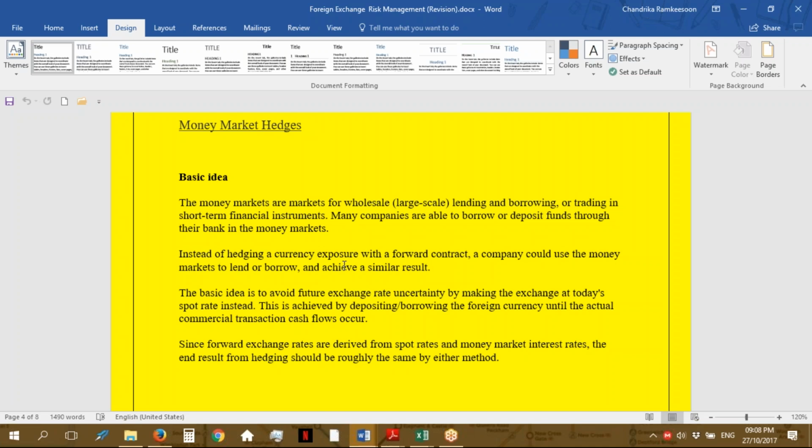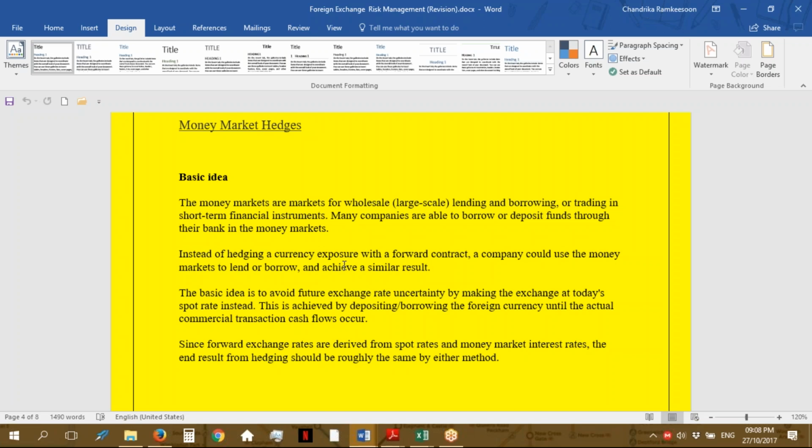Both would ensure that you know with complete certainty what the outcome will be, because all the input data that goes into the hedge, as with the forward hedge, is known with certainty today. So there are similarities and differences according to whether we are doing it from the viewpoint of an importer or an exporter.